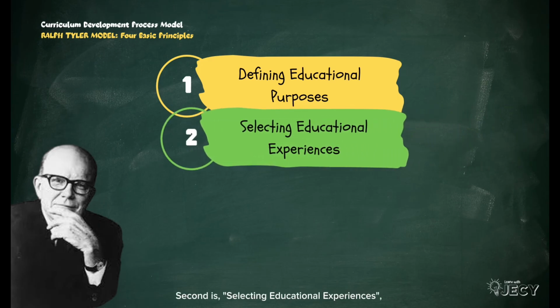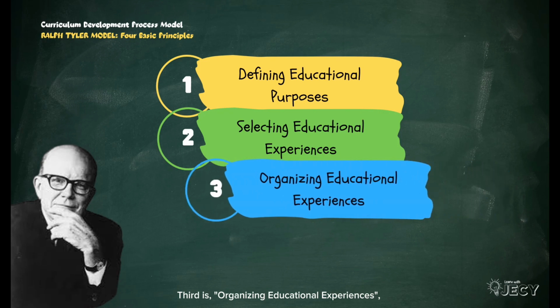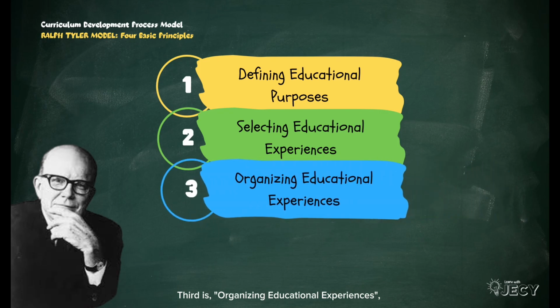Second is selecting educational experiences, which means to choose learning activities that are likely to achieve the defined purposes or goals of education. Third is organizing educational experiences, which means to structure and sequence learning experiences in a coherent and systematic manner to optimize student learning.